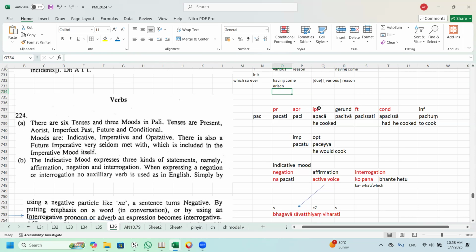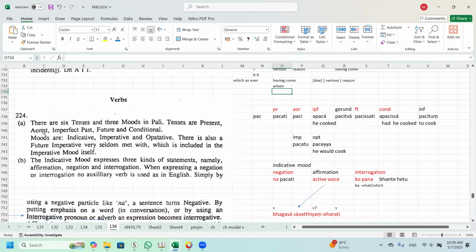And then this is the imperfect tense, apacā. I don't know how it is classified here. Then I will take the future tense, apacissati. And then it takes a conditional tense. This conditional is apacissā.